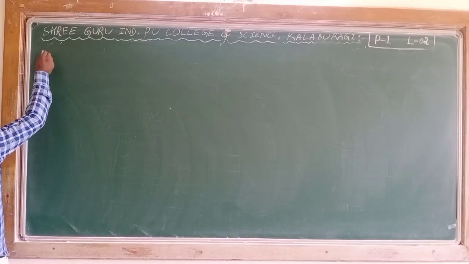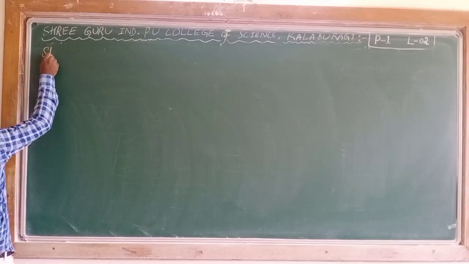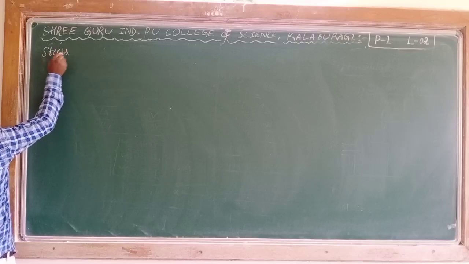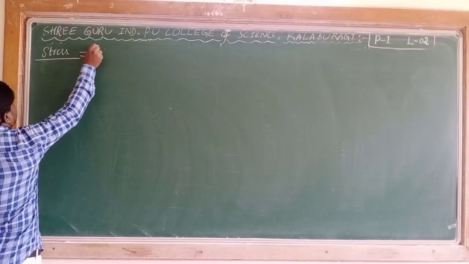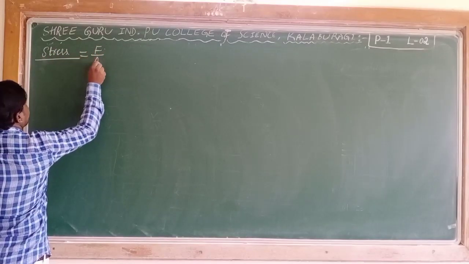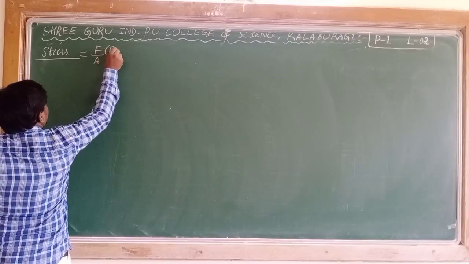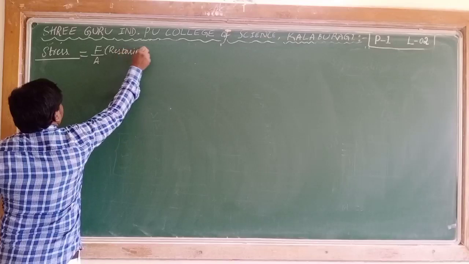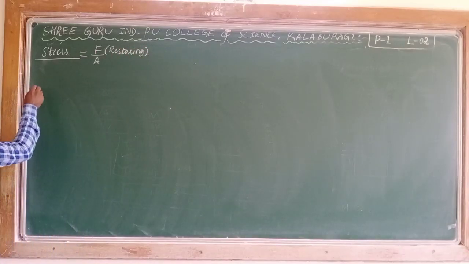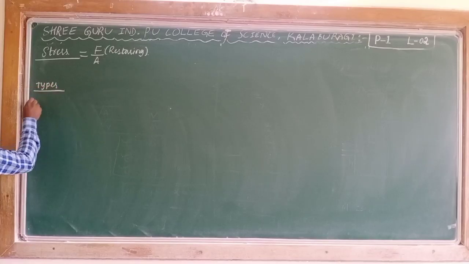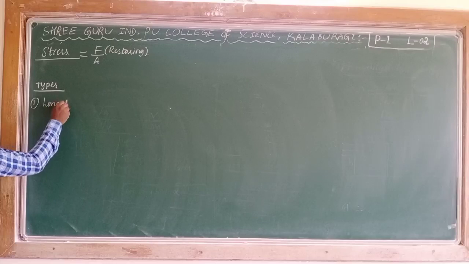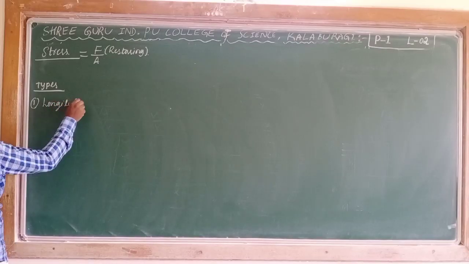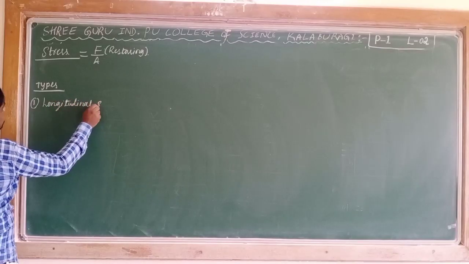Listen here. First we discussed stress. What is stress? This is force acting per unit area. What type of force? Restoring force. Here the types are: first one is longitudinal stress.